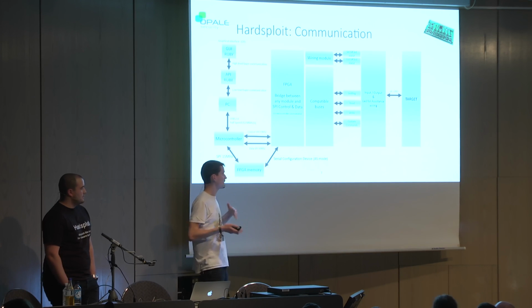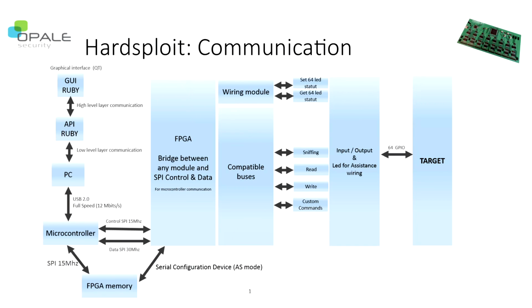Here is a little communication slide: how you interact with Hardsploit, how you use the tool. We start with the highest level, the GUI, the graphical interface developed with the Ruby programming language. The interface communicates with the API. Hardsploit is connected to the computer with USB 2.0 communication.